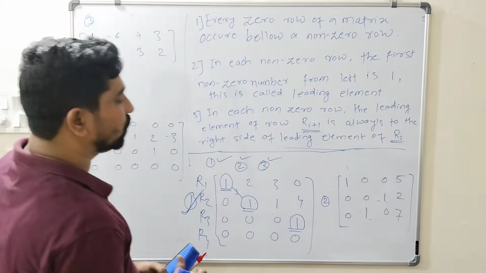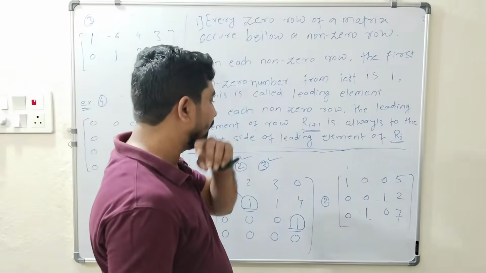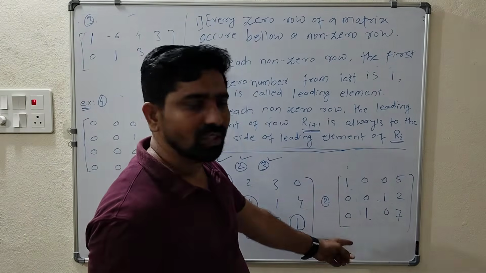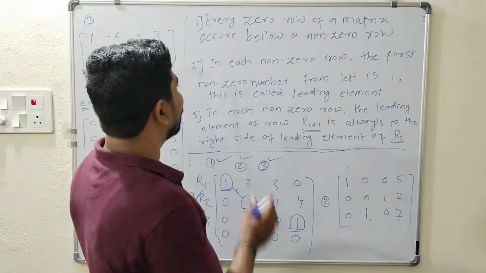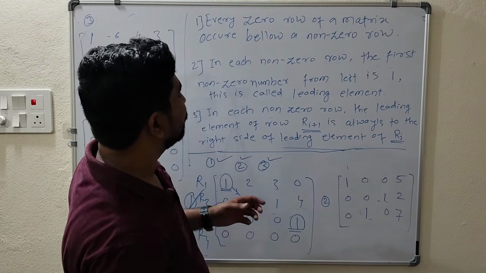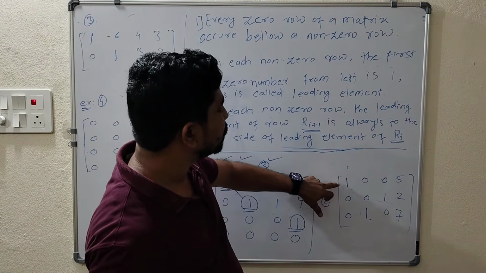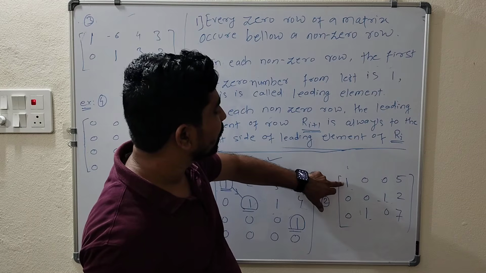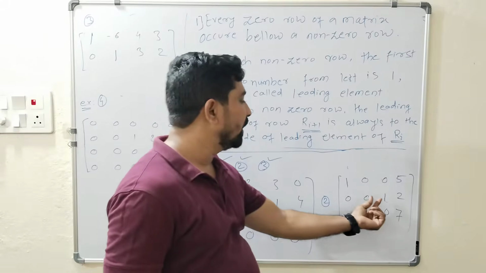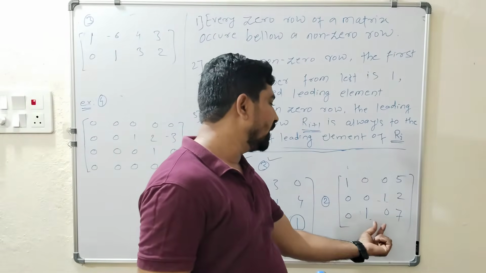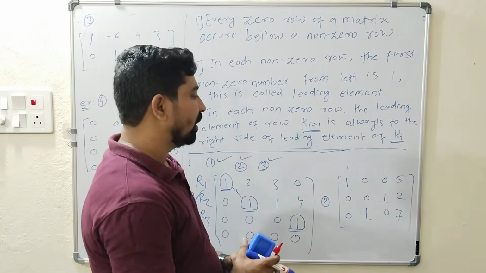Now come to example 2. Here all the rows R1, R2, R3 are non-zero. Now come to the second property. In each non-zero row, the first non-zero number from left, that is the leading element, is 1 for R1, 1 for R2, and 1 for R3.